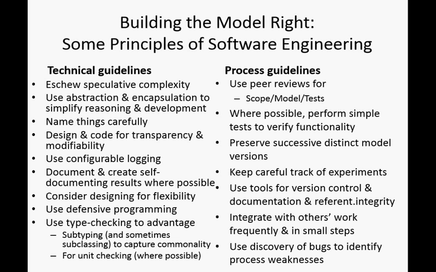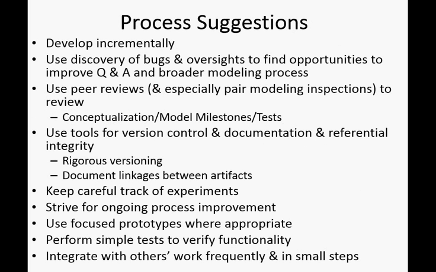But if you can use the bugs to discover problems in your process, you can often get far ahead from where you would have been had that bug not been discovered. So these are some process guidelines, and I've supplemented them with some others here that restate some of the same things, and I think may have one or two additional items as well.